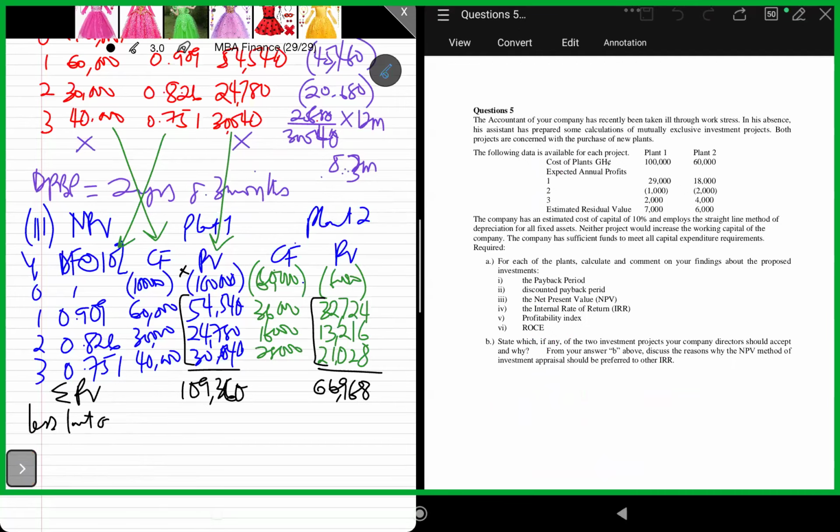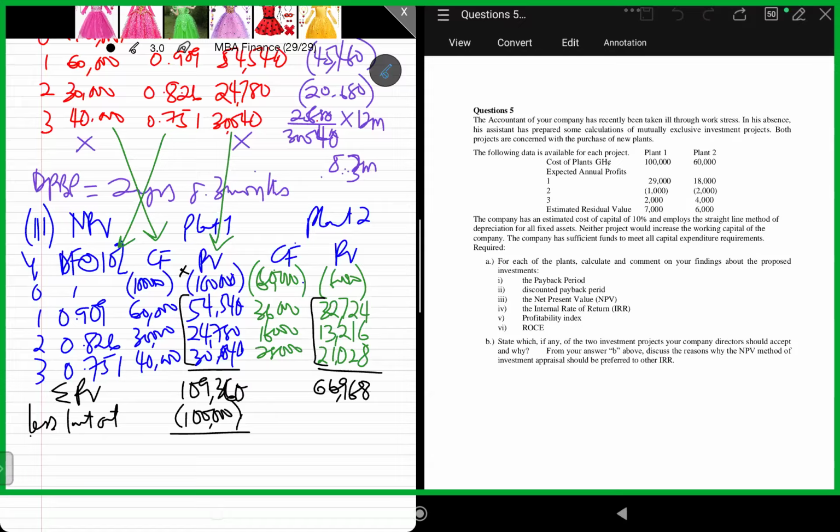So for plant one, what is the cost of the plant? The plant was 600,000. So less means subtract it.